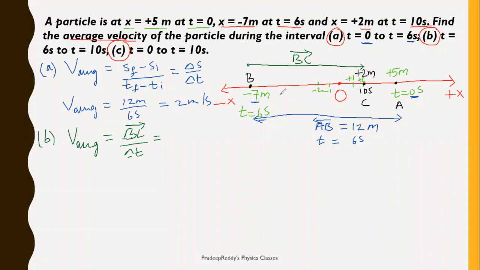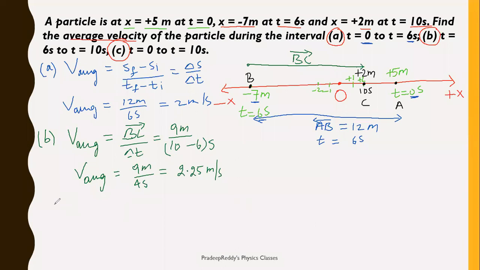What is the BC length? BC total length is from minus 7 to 0, it is 7 meter, and it is plus 2 meter. So totally it is 7 plus 2, 9 meter divided by time taken, which is 10 minus 6 second. So V average is equal to 9 meter divided by 4 second, which is equal to 2.25 meter per second. Right? This is the average velocity in the next journey between time t is equal to 6 seconds to 10 seconds.